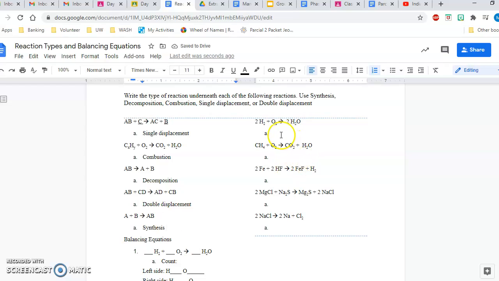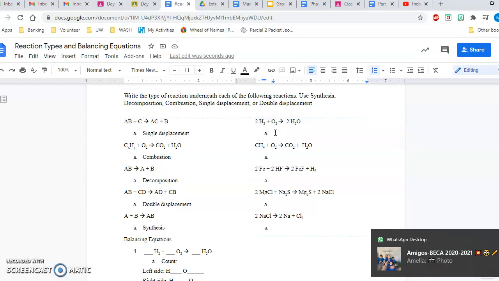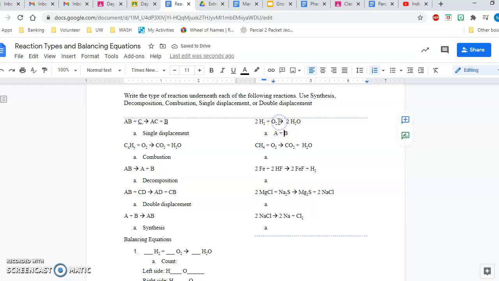And now let's use what we just did over here to help us fill out these. Every time we have a new capital letter, it's like a new variable. So another way to write this one would be A plus B goes to AB, which is our synthesis reaction.